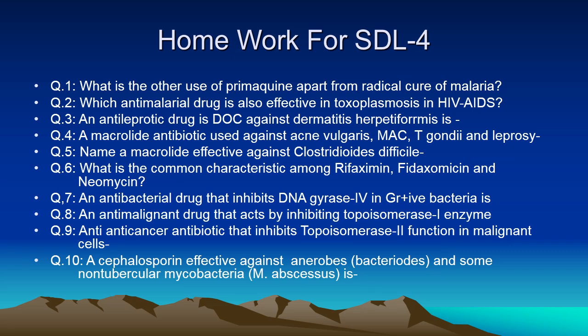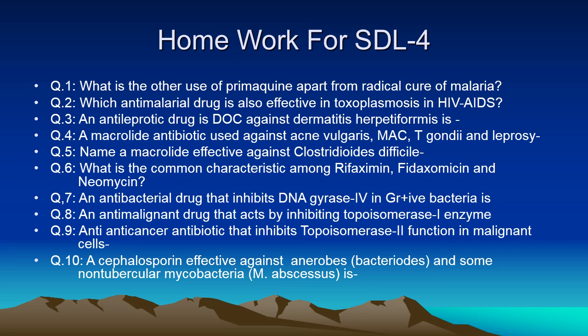Question 5. Name a macrolide effective against Clostridioides difficile. What is the common characteristic among rifaximin, fidaxomicin, and neomycin? There is a simple common denominator among these three drugs. An antibacterial drug that inhibits DNA gyrase in gram-positive bacteria is?